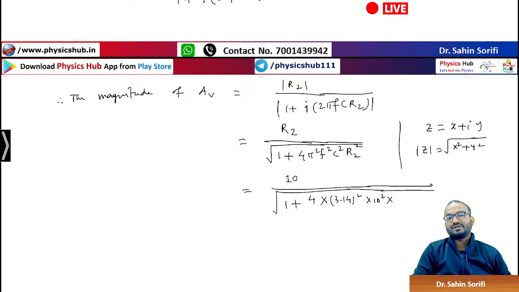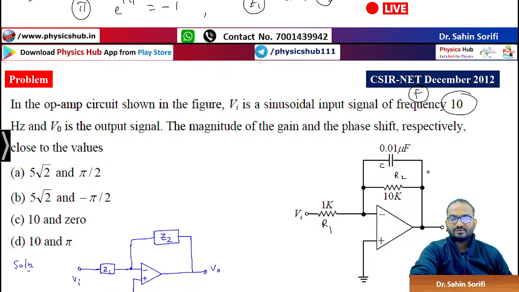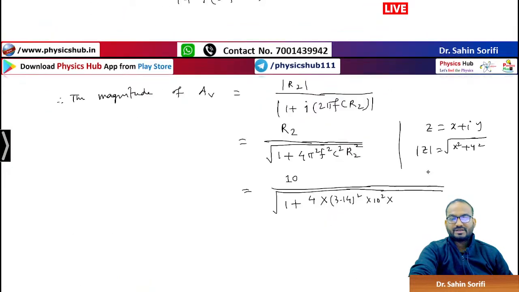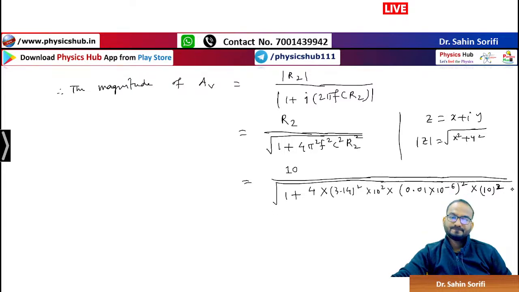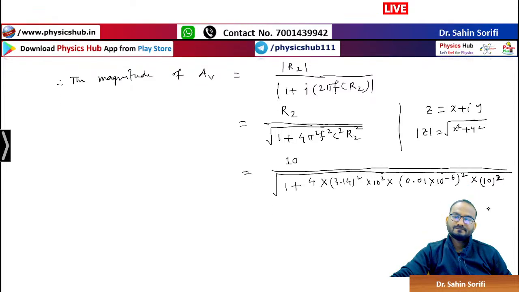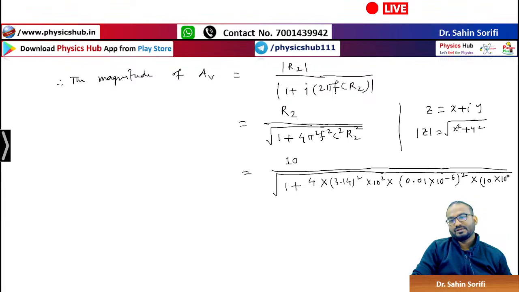C is 0.01 microfarad, 0.01 times 10 to the power minus 6. Into R2, R2 is 10 kilo ohm, 10 into 10 to the power 3, square.